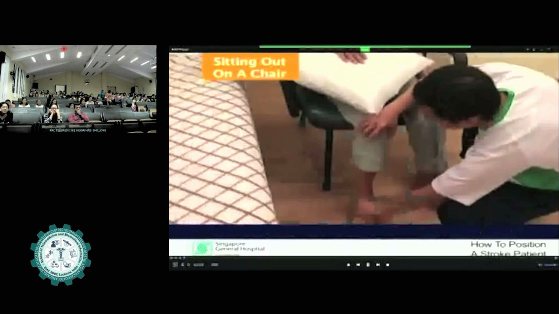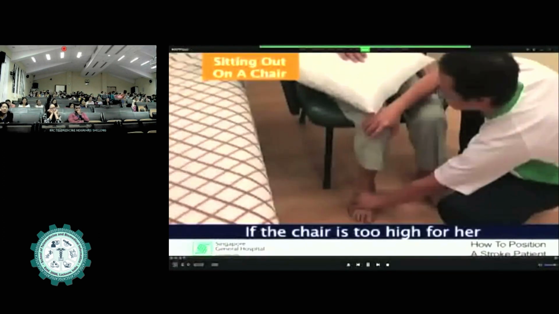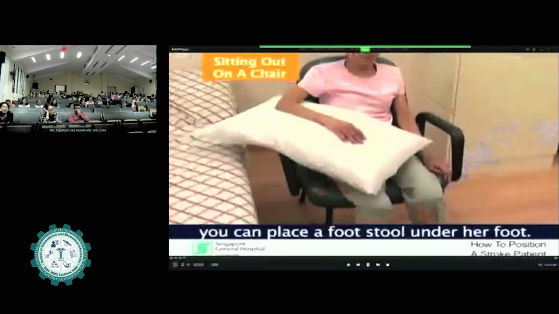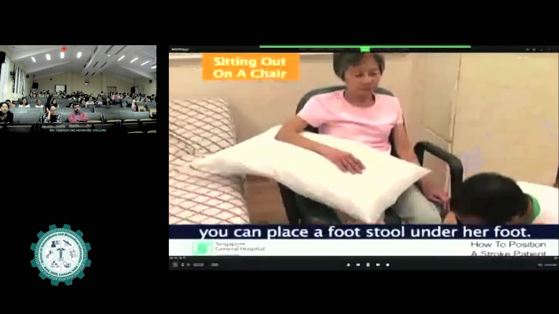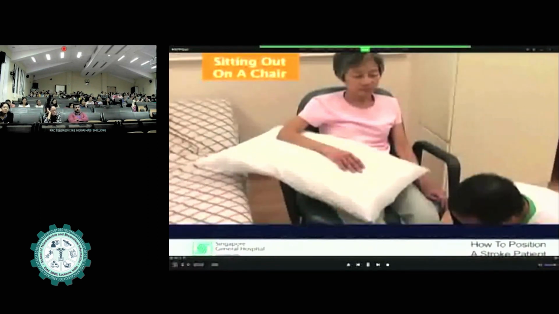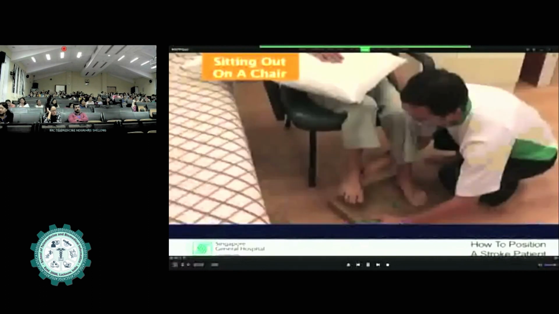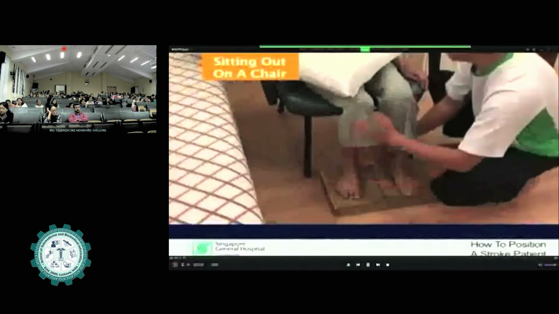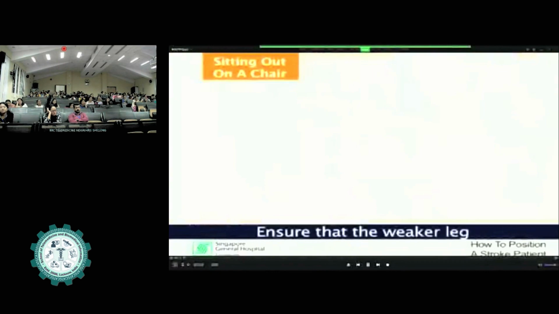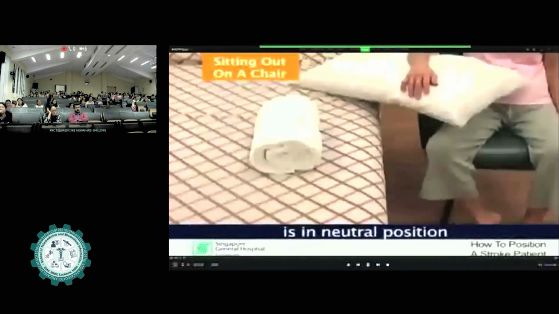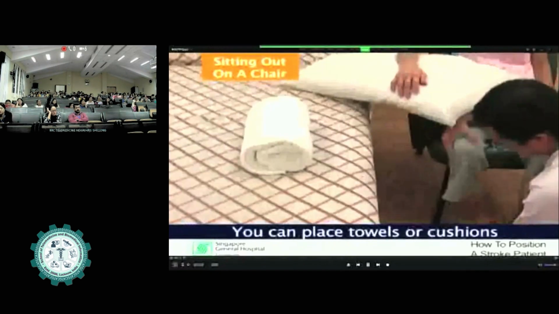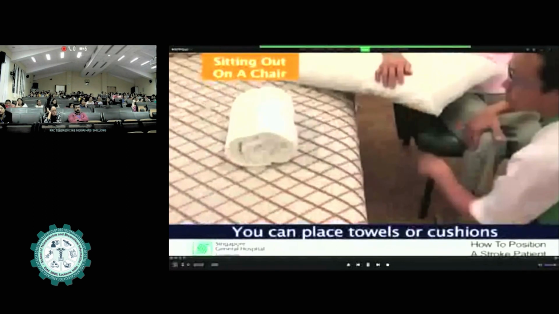If the chair is too high for her, you can place a footstool under her foot. Ensure that the weaker leg is in neutral position and not rotated outwards. You can place towels or cushions by the side of the leg to keep it in position.